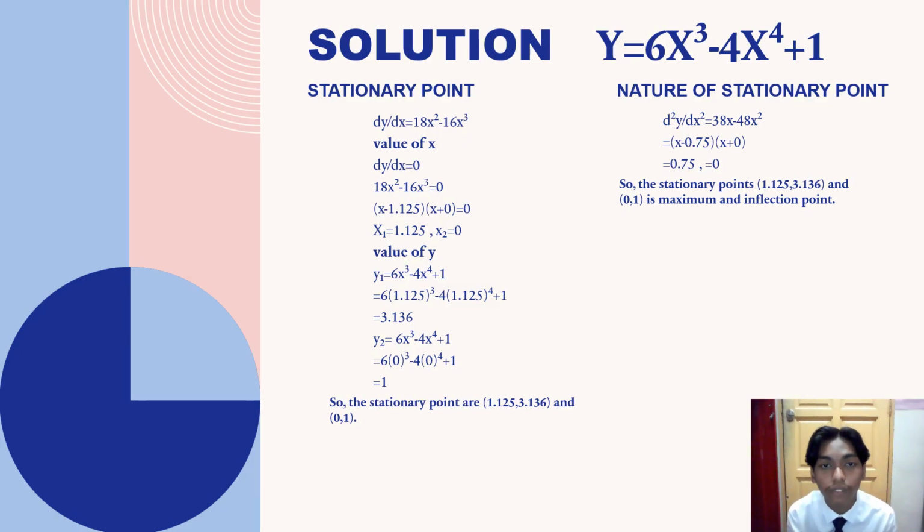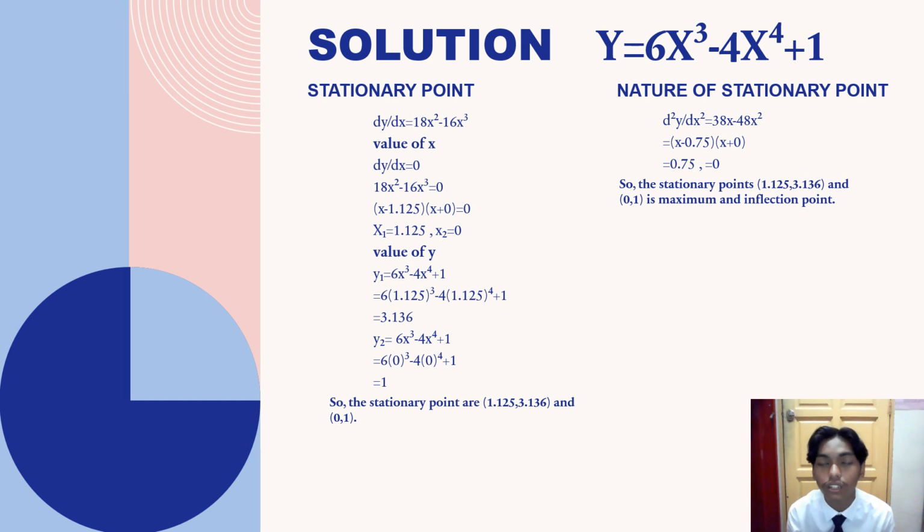So, for the first step, we have to find dy/dx first. From the question given, y equals 6x^3 minus 4x^4 plus 1. So, we're going to solve here. 6, we have to times 3, and 3, we have to minus 1.